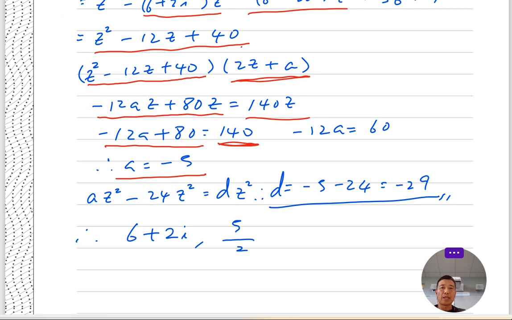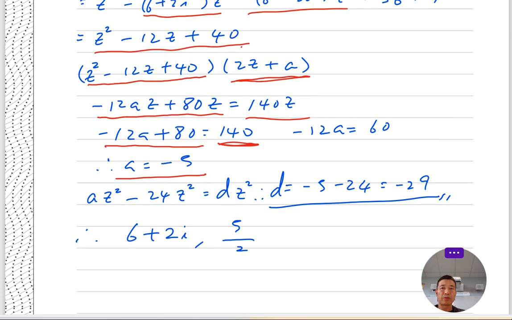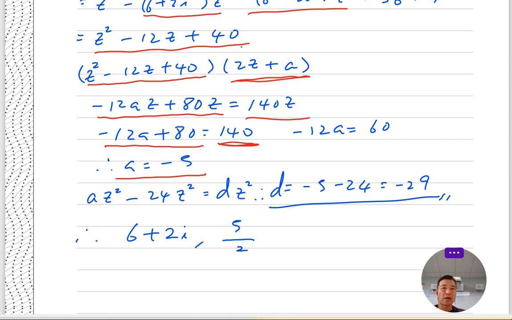Knowing that a is negative 5, you find d. So you have to find out the terms with d squared. So it turns out d is negative 29. So you found the value of d, and then the two other solutions must be 6 plus 2i, and because a is negative 5, the solution must be 5 over 2, right? That's how you answer the question.